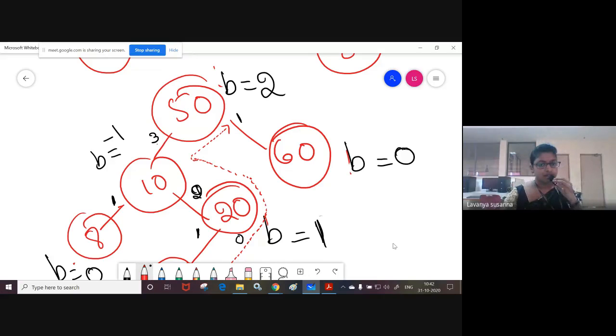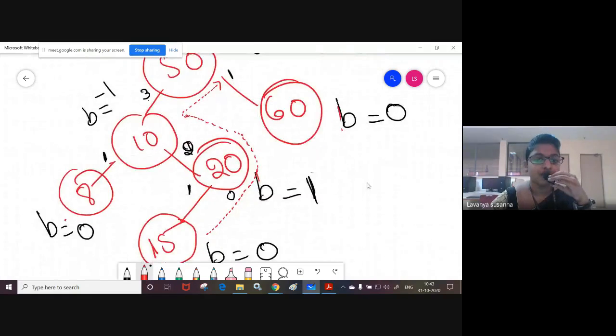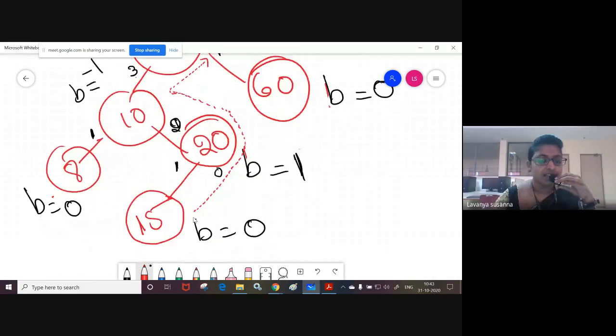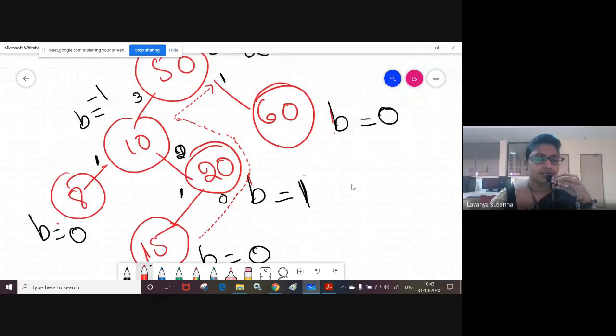Remember, after inserting the node, you need to find out at which node you got imbalanced. So traverse from 15, which you have inserted, up to the root node. If you encounter any balancing factor equal to 2 or something else, you need to balance from that node.